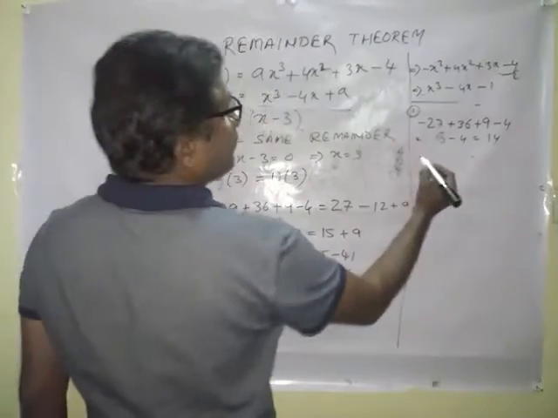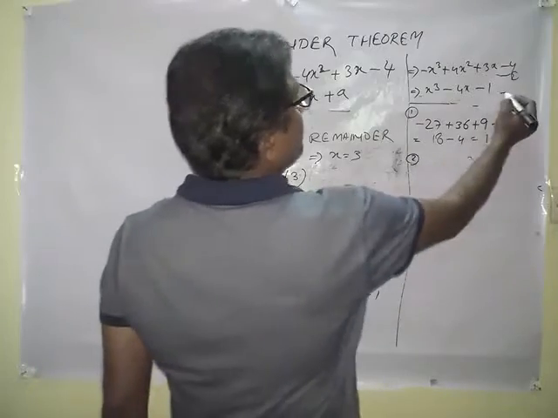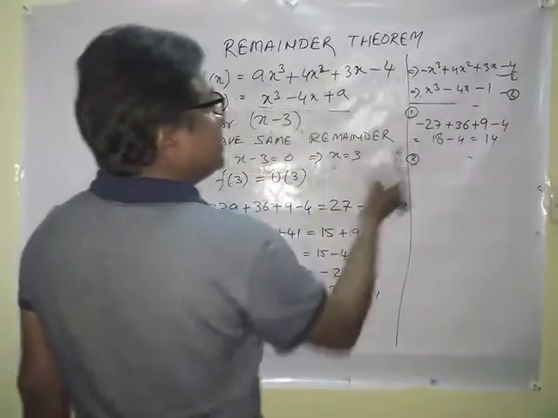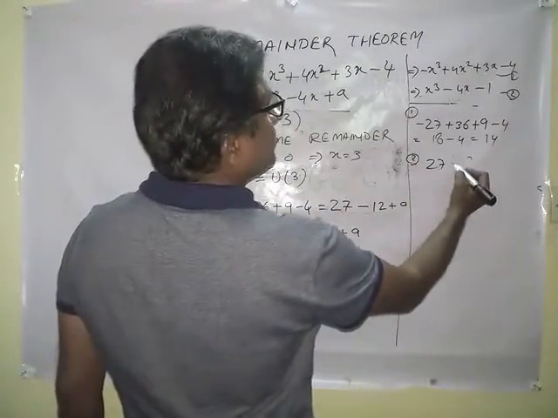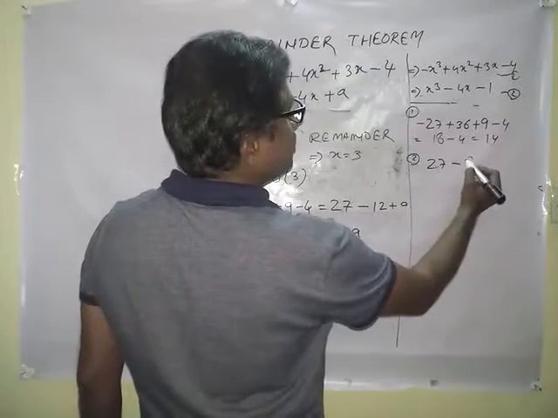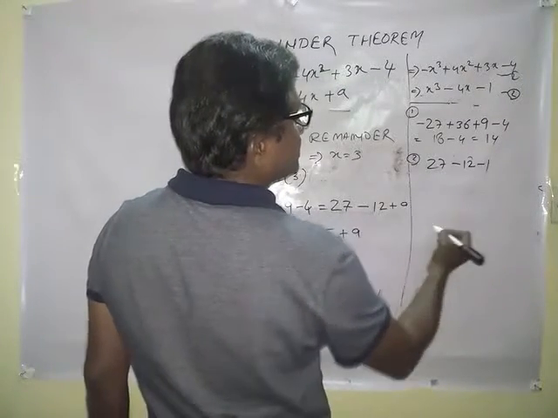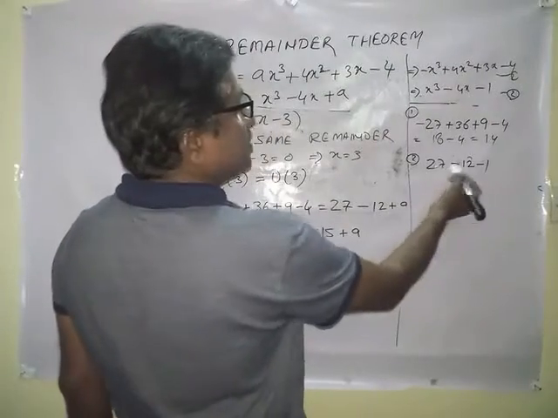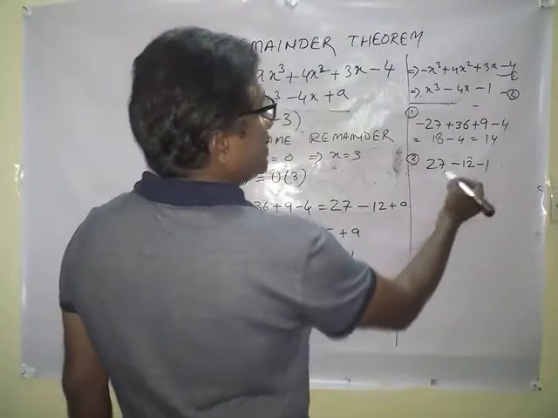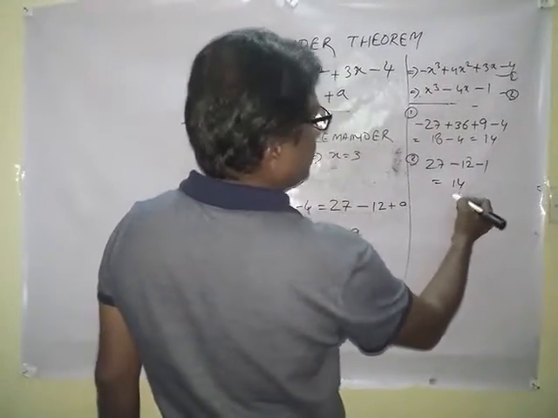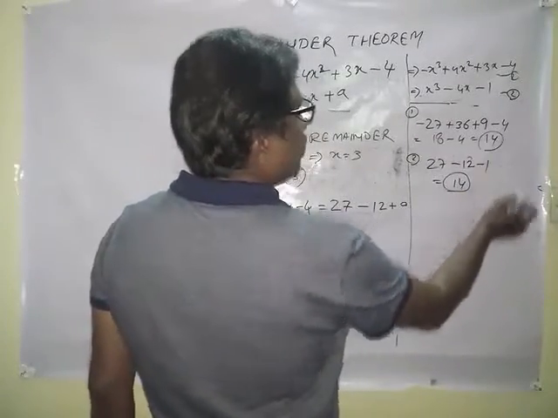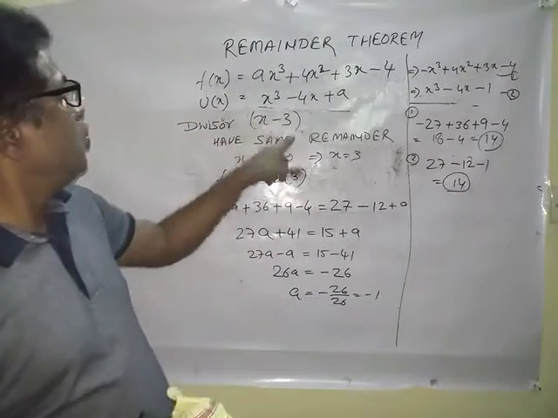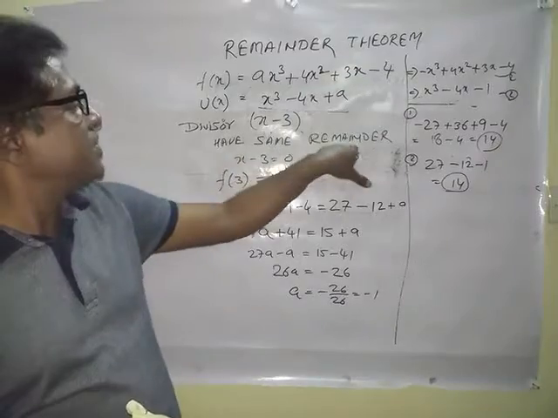Now put the value here, number 2, 3 is the 27 minus 3 into 4 12 minus 1. This is becoming 15 minus 1 equal to 14. So that is true, whatever is given have same remainder.